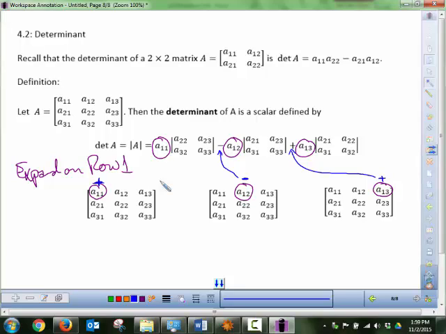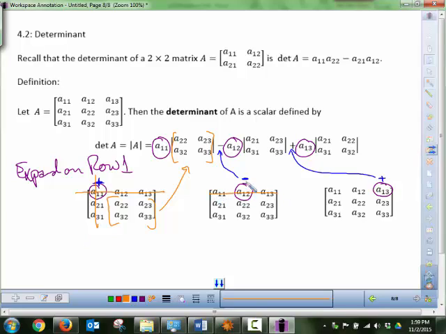That's the first thing. The next thing is when you're expanding on this first one, 1, 1, you're going to cross out the first row and the first column, and what you have left is a sub 2 by 2 matrix, and you're going to find the determinant of that. So this matrix here came from after crossing out the first row and first column.